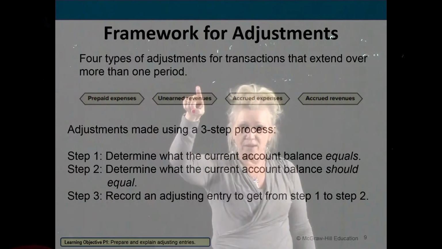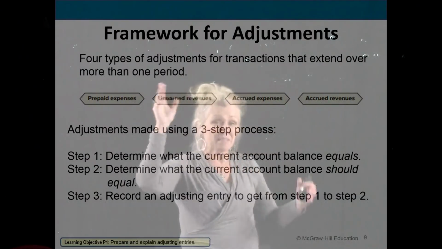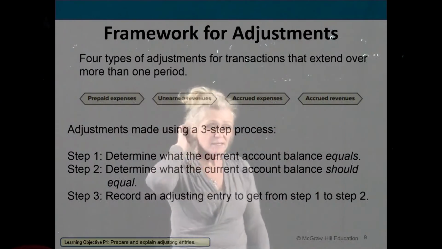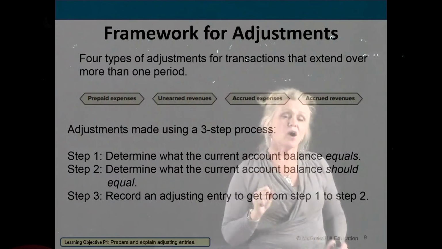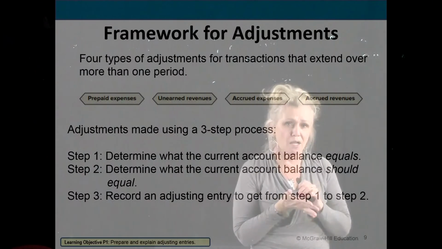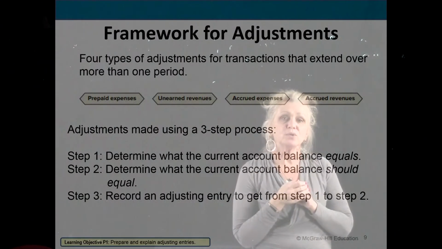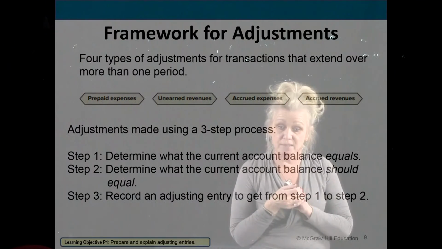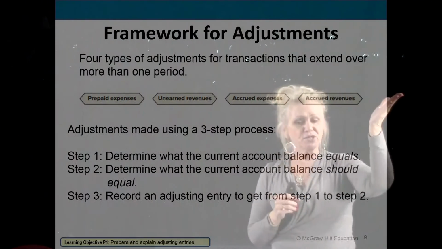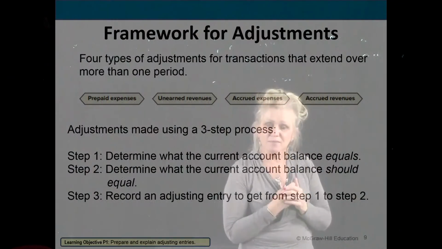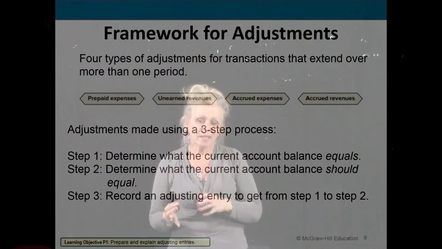Unearned revenue is always a liability. Seems backwards, but that's how it is. Accrued expenses are expenses you have accrued but not yet paid. So I use the example of a utility bill. And accrued revenue is work that you may have done for someone but they haven't yet paid you.